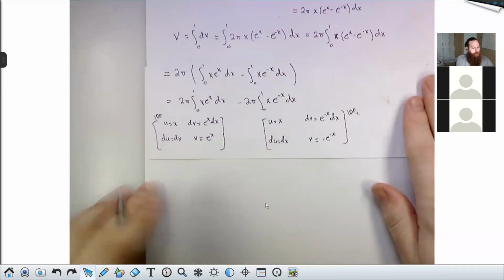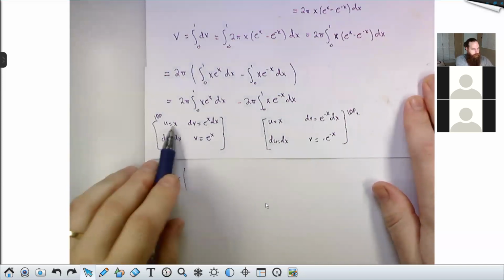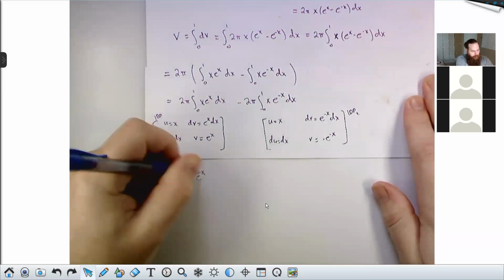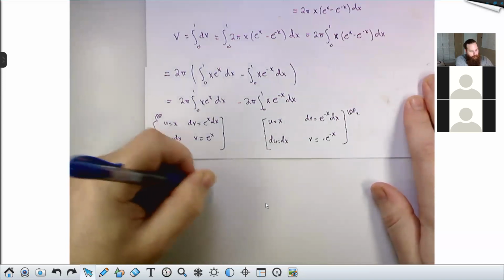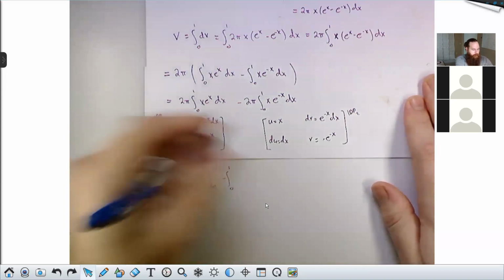If I replace each of those integrals by their IVP equivalents, just using that formula, this is going to be u times v evaluated between 0 and 1, minus the integral from 0 to 1 of v du.